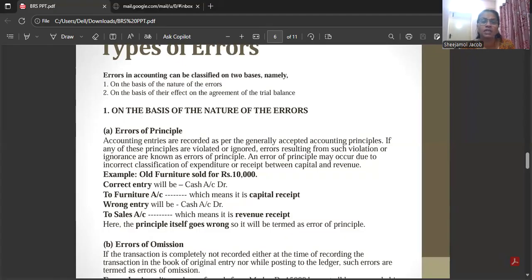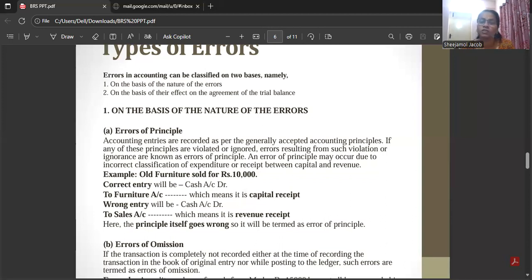Accounting entries are recorded as per the generally accepted accounting principles. If any of these principles are violated or ignored, errors resulting from such violation or ignorance are known as errors of principle. An error of principle may occur due to incorrect classification of expenditure or receipt between capital and revenue.